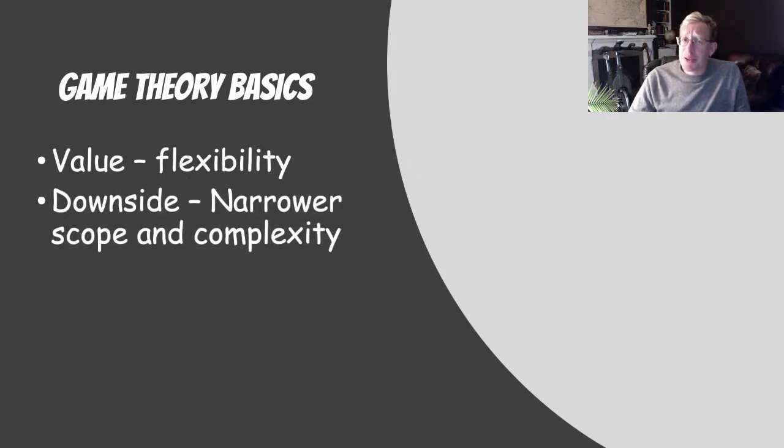Additionally, there are some downsides. One of the downsides is that game theory is pretty narrow in scope. And what I mean by that is there's no single game theoretic approach that allows us to say this enormous group of behaviors can be explained through this specific game.